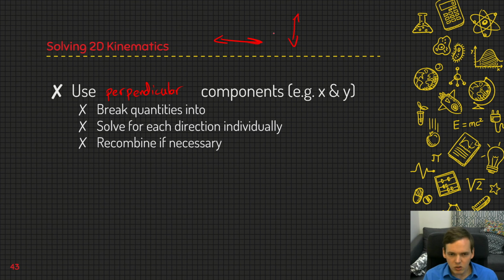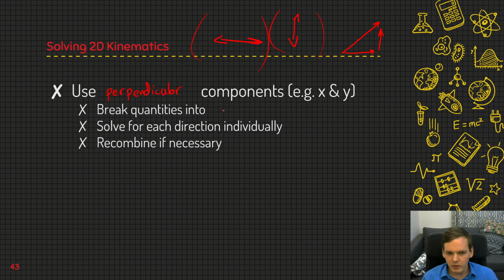So I can do all the math I want with x by itself, do all the math I want with y by itself, and I don't have to worry about what's happening in the other direction, right? If I'm moving horizontally, I'm not moving vertically. If I'm moving vertically, I'm not moving horizontally. So while my problem might say that I'm moving diagonally, if I break that up into two pieces, I can pretend like I just moved horizontally, and then like I just moved vertically, and combine them back together.